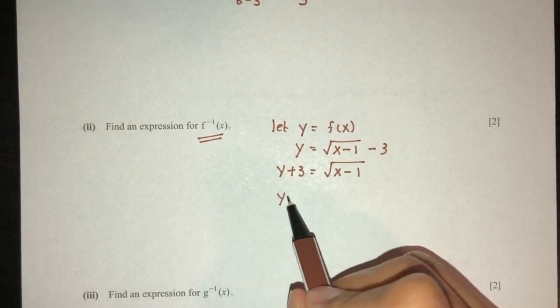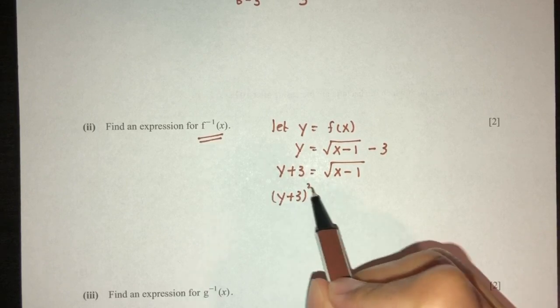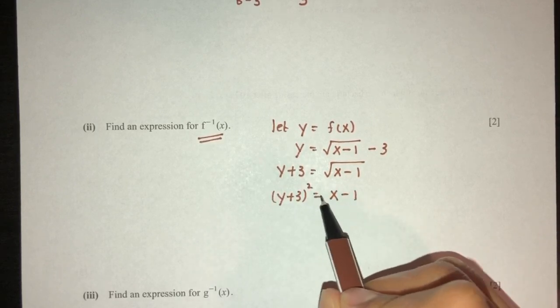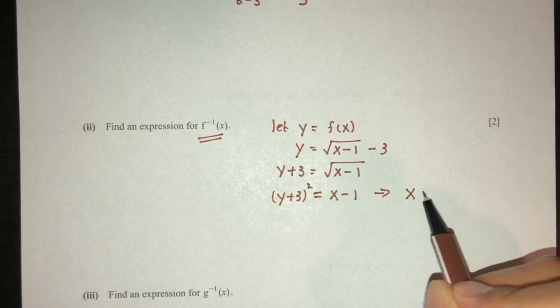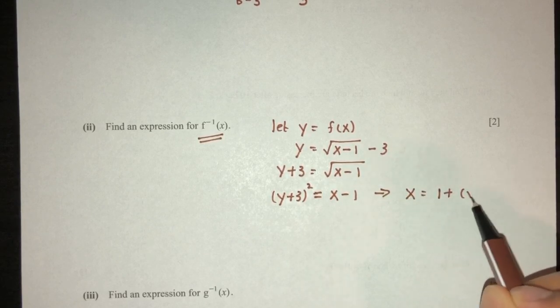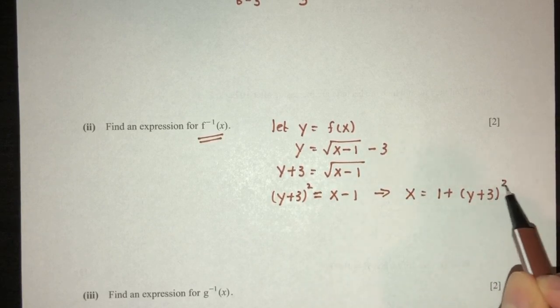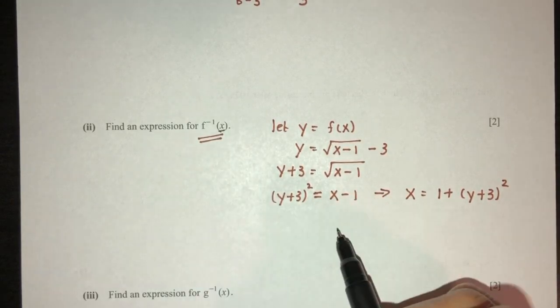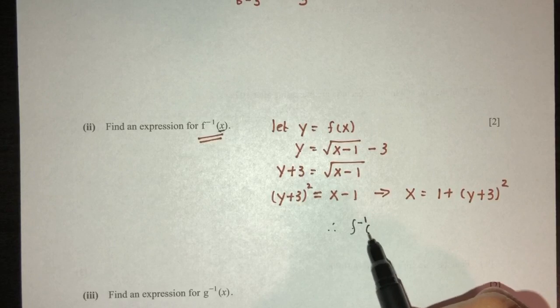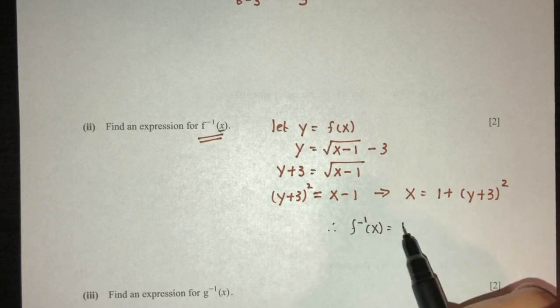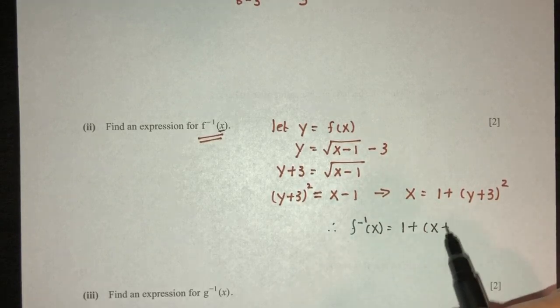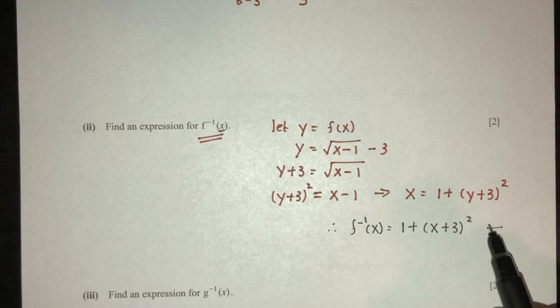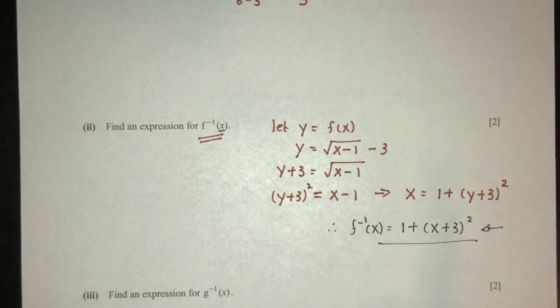Now y plus 3 squared becomes x minus 1. From this you have x is equal to 1 plus y squared. Now as always, it is in terms of y, so we have to make f inverse be in terms of x, which is 1 plus x plus 3 squared. That will be the expression for f inverse.